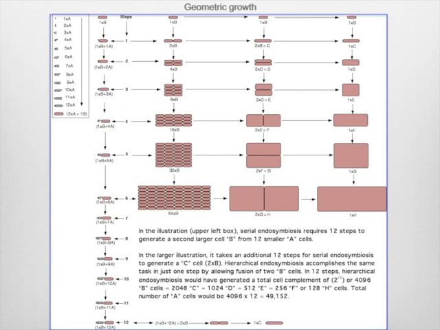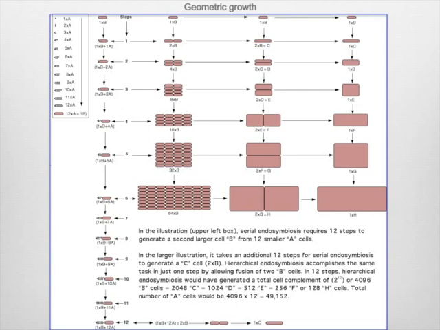Now that would be linear growth or arithmetic growth, because you're just adding one cell at a time over a large period of time. So it winds up being 12 times bigger or 12 times more complicated than it was to begin with.